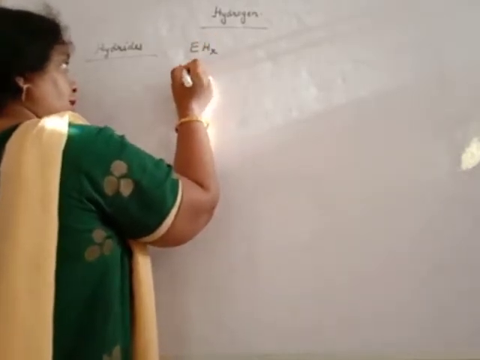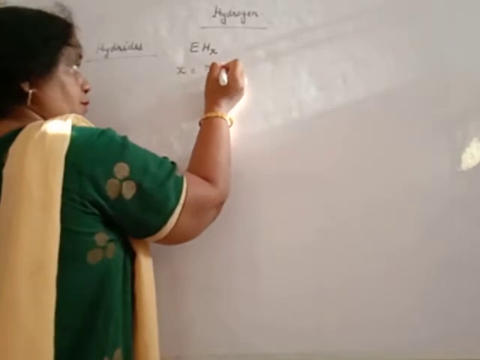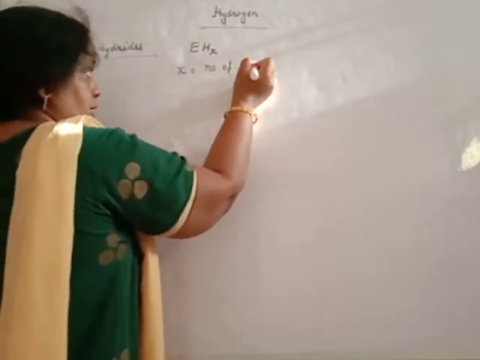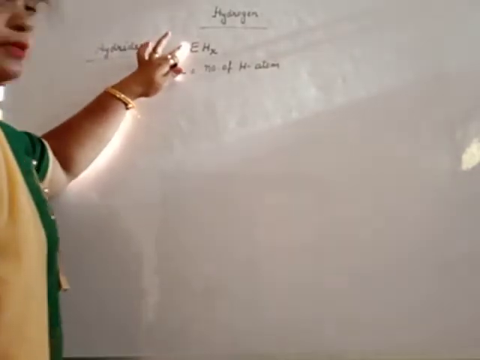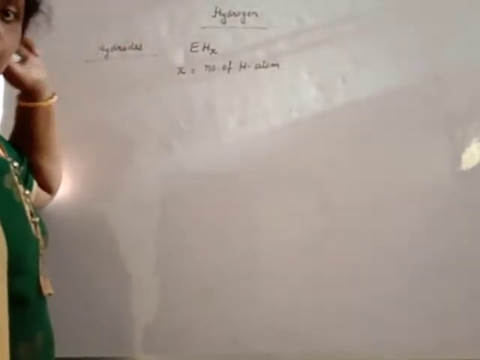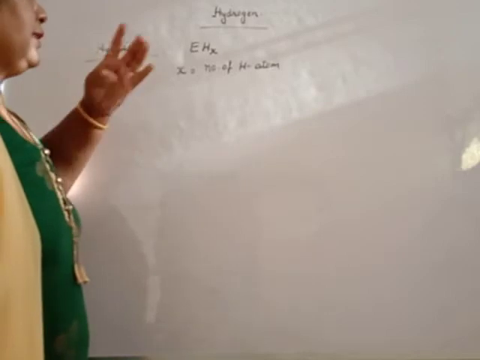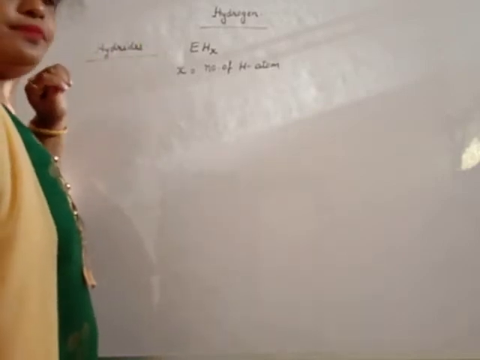X is the number of hydrogen atoms based on the valency of the element. Or we can say X is the valency of the element.